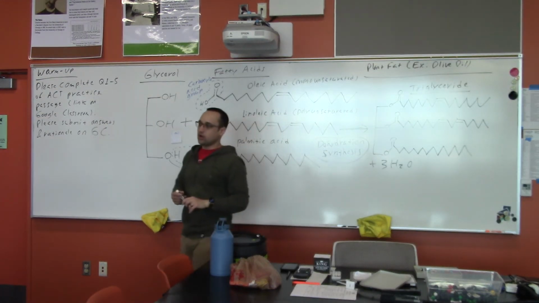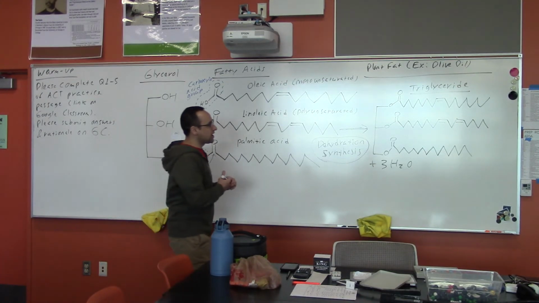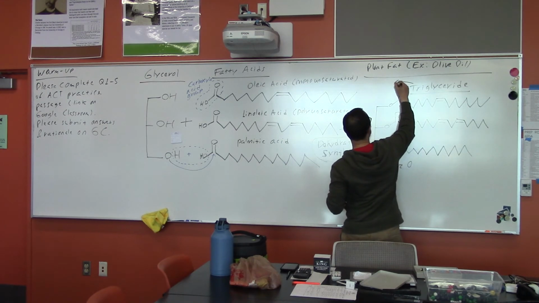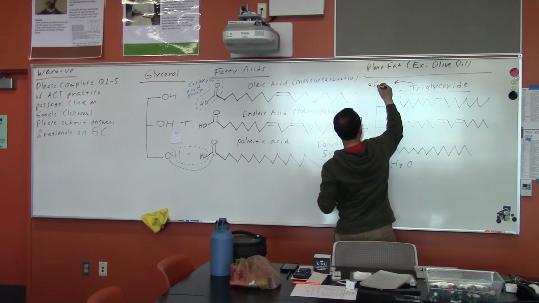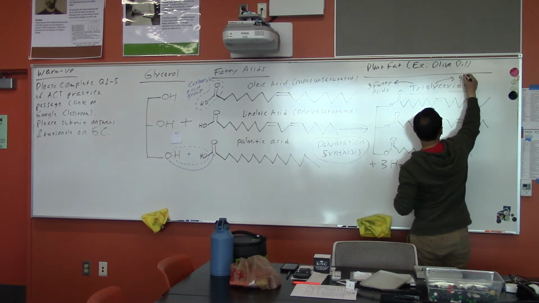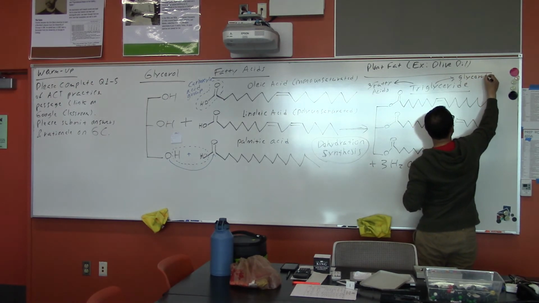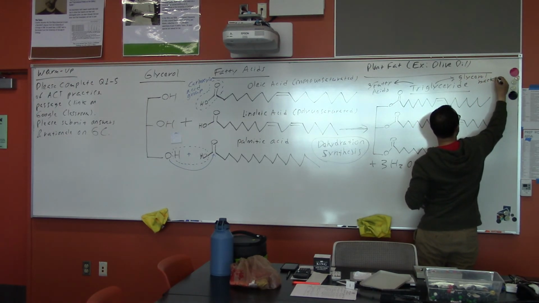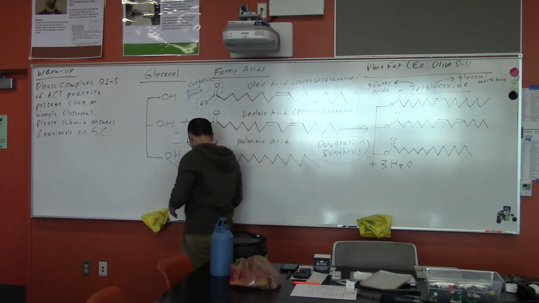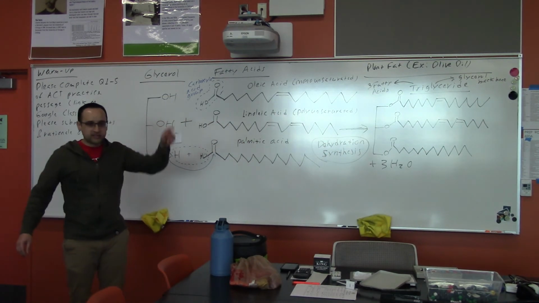Triglyceride, that's what we have going on, okay? Triglycerides, triglyceride, okay? So you've got like 3 fatty acids, okay, glyceride, right? You've got your glycerol backbone, okay? And that is a fat.